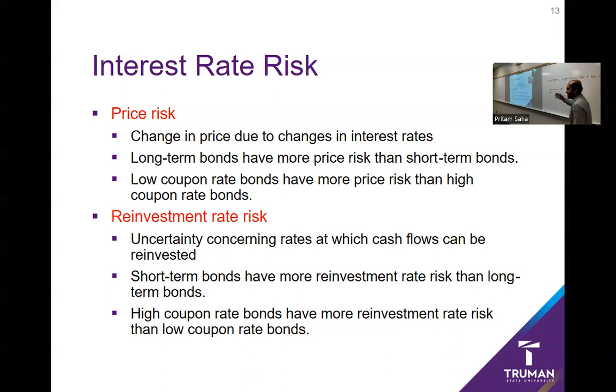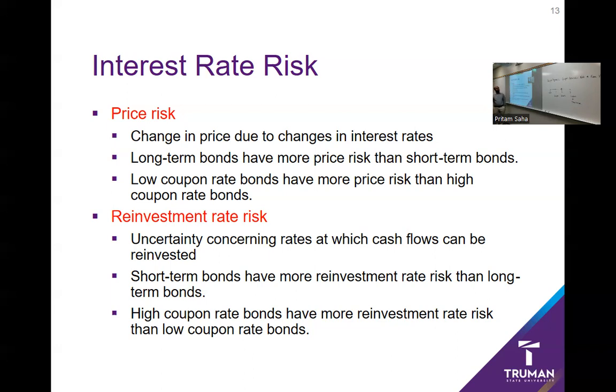I don't care if my bond price goes down in the middle of the holding period. I'm not selling it off. At expiration, my face value is guaranteed. If the issuer does not default, which is the case most of the time, my face value is guaranteed, so there is no price risk. Price risk is always there if you want to trade, if you want to liquidate your position. Interest rate went up, the price will go down.